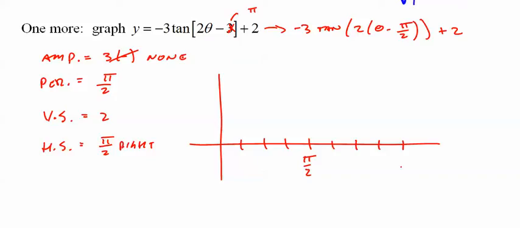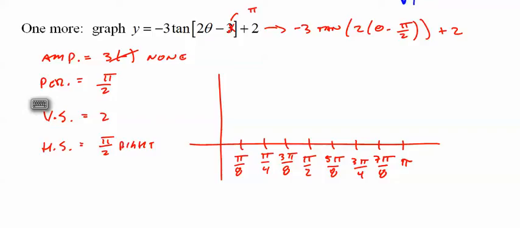2, 3, 4. Pi over 4. Pi over 8. 1, 2, 3 pi over 8. 5 pi over 8. 6 pi over 8. 7 pi over 8.